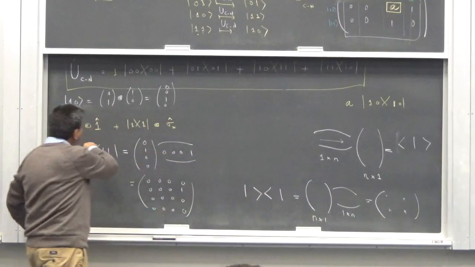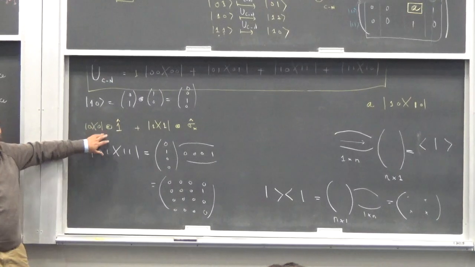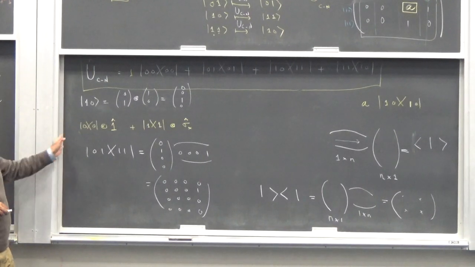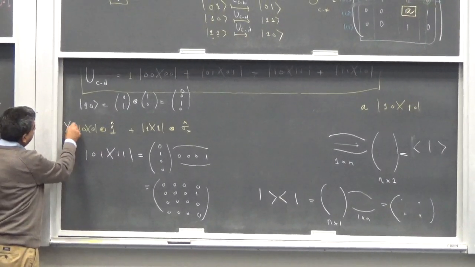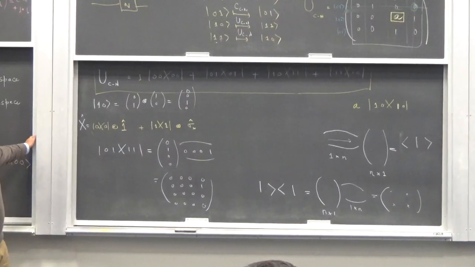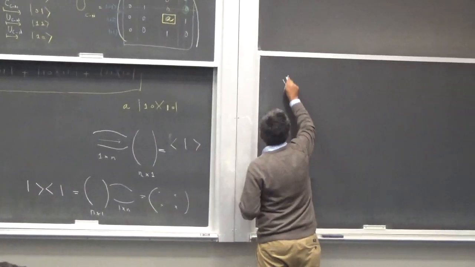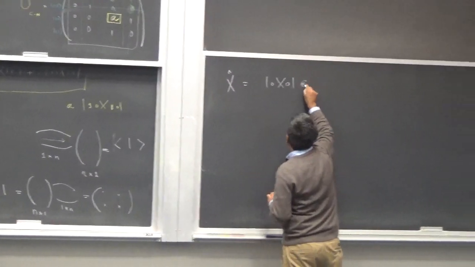So if I look at this particular form, just this tensor product of outer products, let's see what this turns out to be. Let's call this sum x, big X. So this big X, let's see what it turns out as. Big X is ket 0, bra 0 tensored with identity.